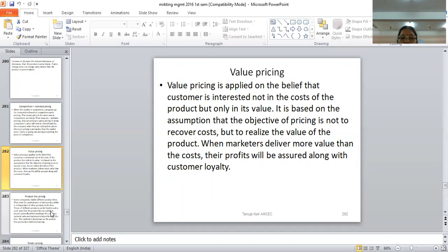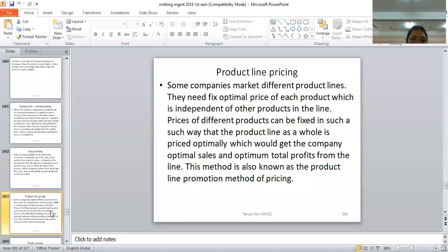If the companies follow this value pricing strategy, then their profits will be assured along with customer loyalty, because customers will feel that they are getting more valuable products at a lesser cost. So they will feel that they are getting valuable products, so they will become more loyal towards the company.